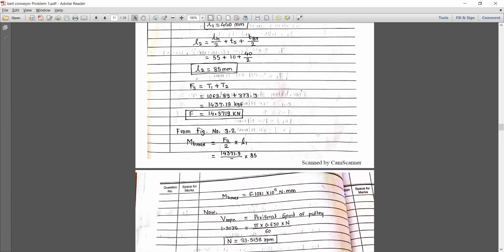So the force Fs is equal to T1 plus T2. T1 is equal to 1063.89 and T2 is 373.3. So Fs is equal to 1437.19, or you can say 14.37 kilonewton.